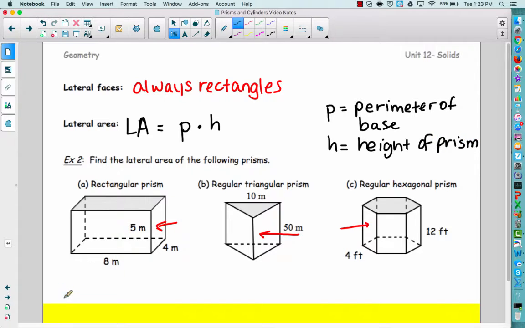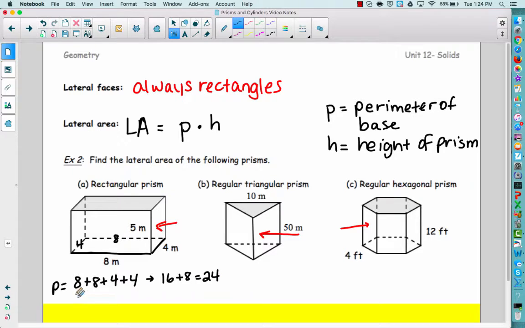Okay, so looking at this first rectangular prism, I see that this is 8, 4. To find the perimeter, I would do 8 plus 8 plus 4 plus 4. I add up all the sides, which is going to give me 16 plus 8, which is 24.